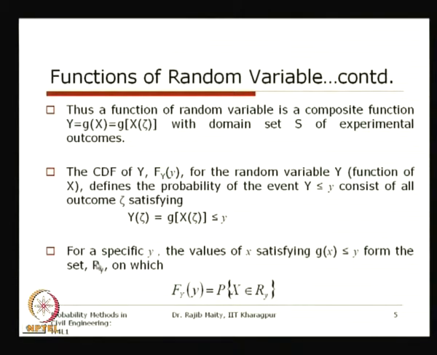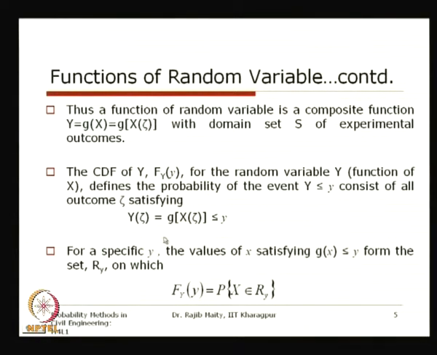Ry is the set which satisfies this condition, for the functional form g(x), for all possible values of x which after this transformation will be less than that specific value y.